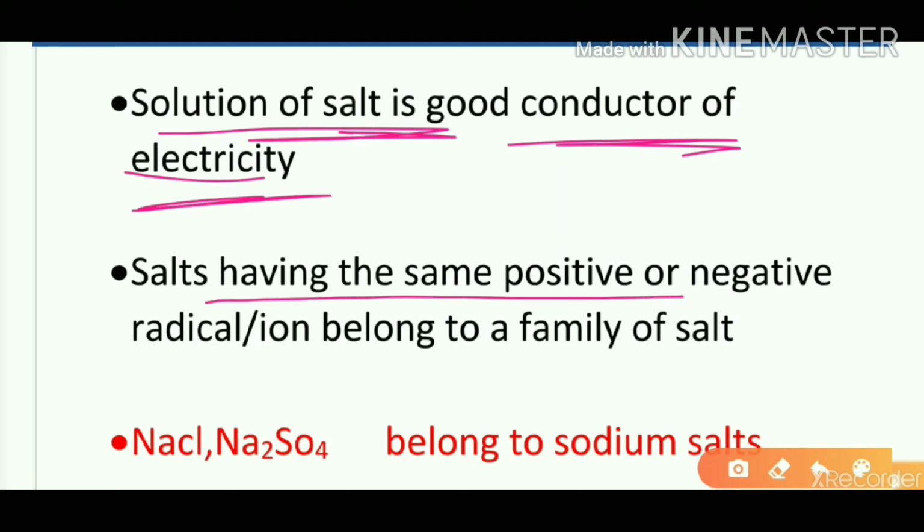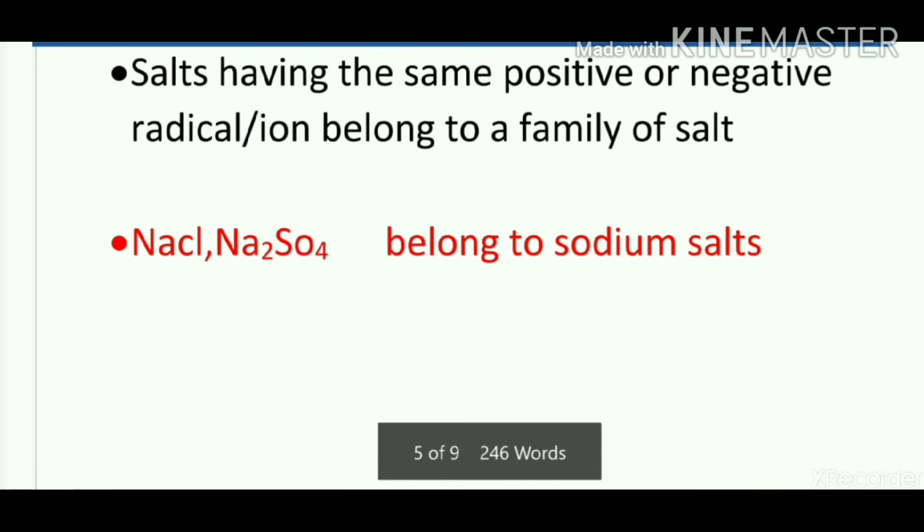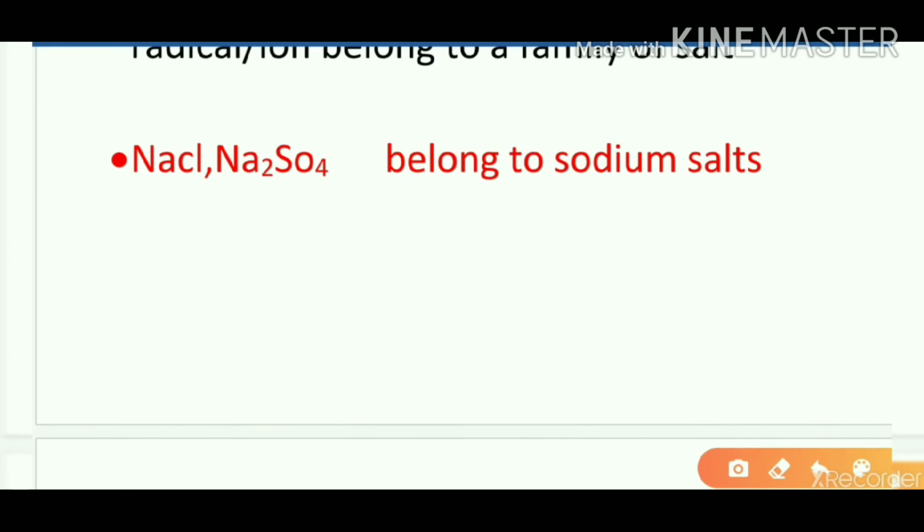Salts having the same positive or negative radical ion belong to a family of salt. That means the salts which have the same positive or negative ion or radical belong to a family of salt. We will see the example of this. The first is NaCl, Na2SO4. These belong to sodium salts. Why?